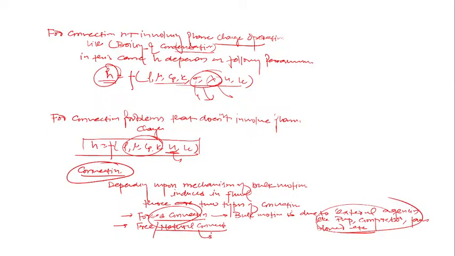Now in the free convection, it's because of difference in density which has been caused by difference in temperature. I told you, no? So it's due to buoyancy effect. So in natural convection, the fluid motion is induced due to buoyancy effect, which has been caused by difference in density due to difference in temperature.